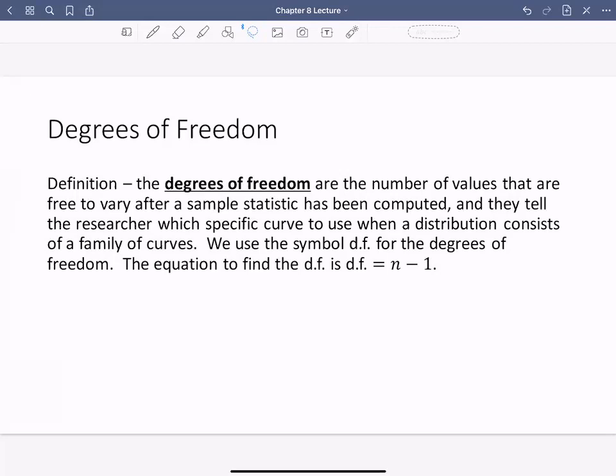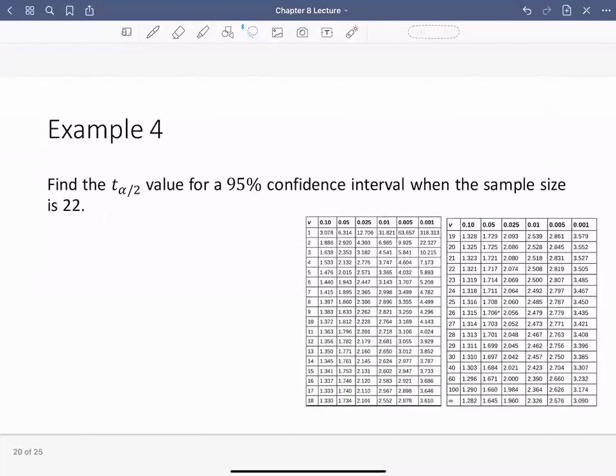The reason we say minus 1 is because every value has freedom to roam except for 1. So we say how many of them are free to roam and be whatever they want to be. But if I know the average is this, or if I know that the standard deviation is this, then I know that this one has to be this. So the idea is degrees of freedom is your sample size minus 1.